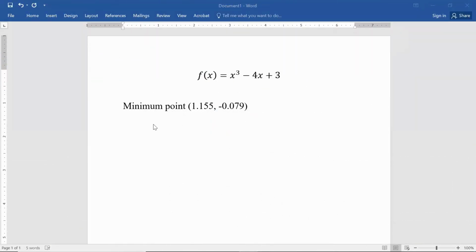As we saw, the minimum point is this one here. If the minimum point is that one that we saw on our graph, that means the minimum value is the smallest y value. That's negative 0.079. We said the maximum point, which means the highest point, is going to happen with an x value of 3 on this closed interval.